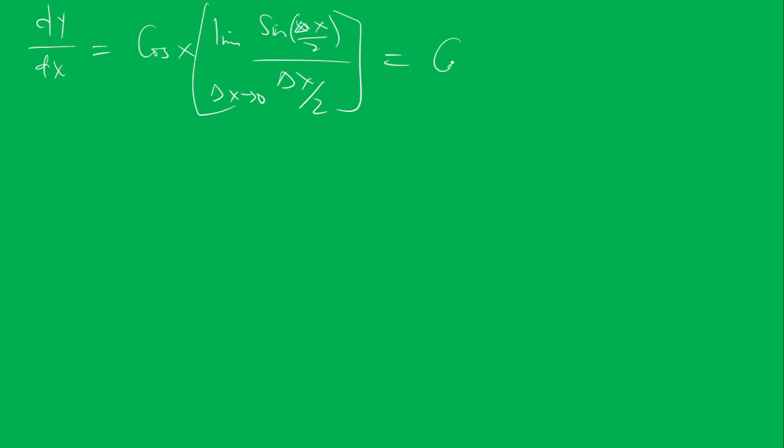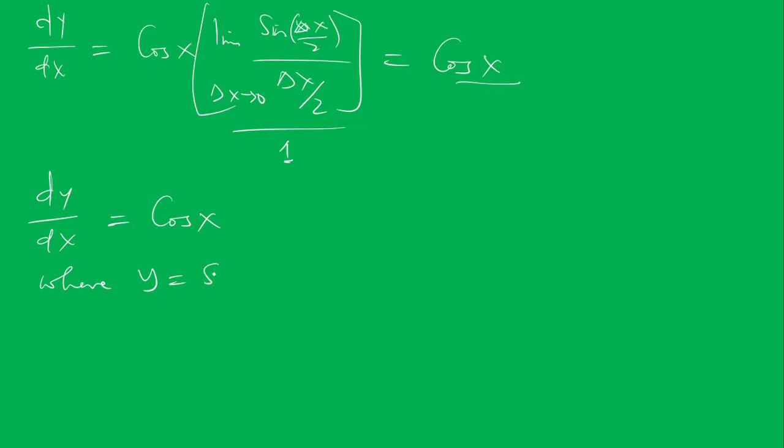So this is equal to cos x because this one is 1. So 1 times cos x is this. So that means you have dy all over dx equal to cos x, where y is equal to sine x. So you now have d sine x all over dx, with respect to x, is equal to what? Cos x. So we have proved this.